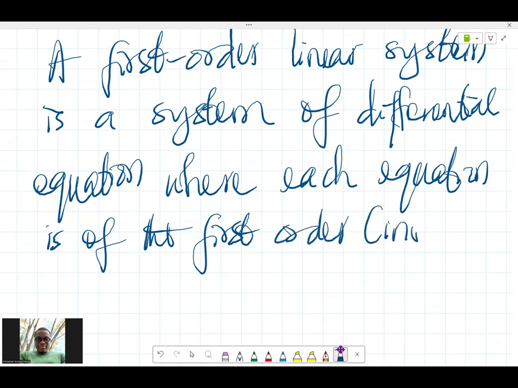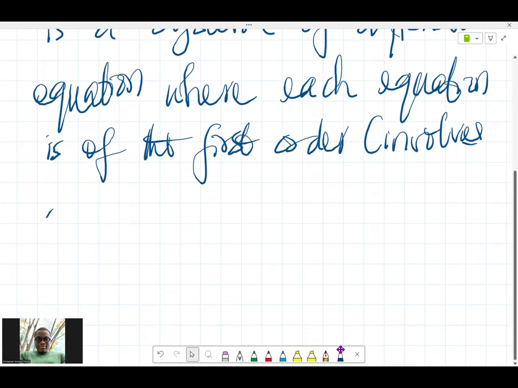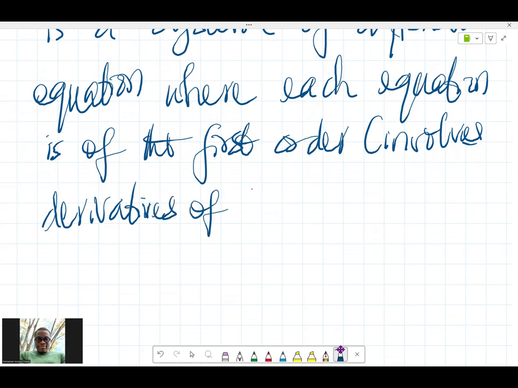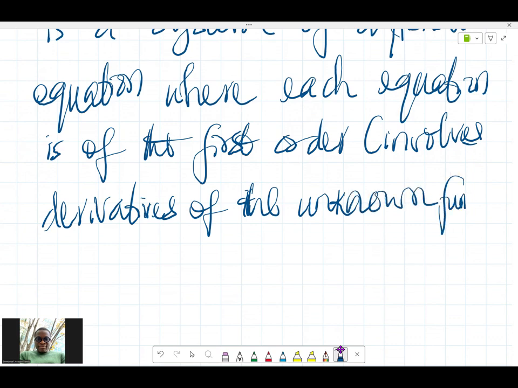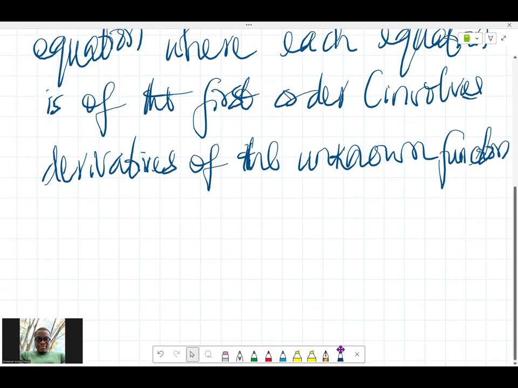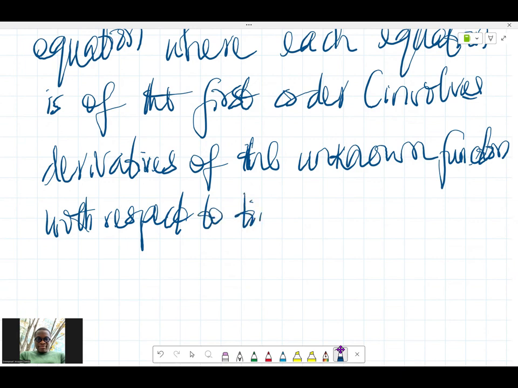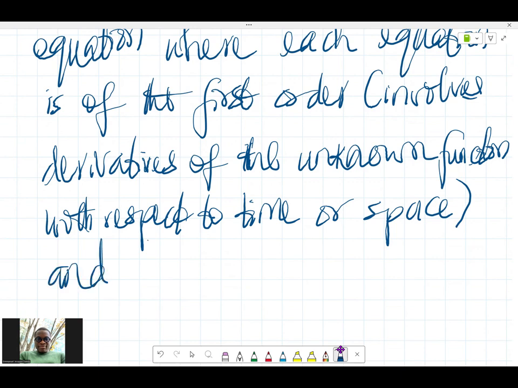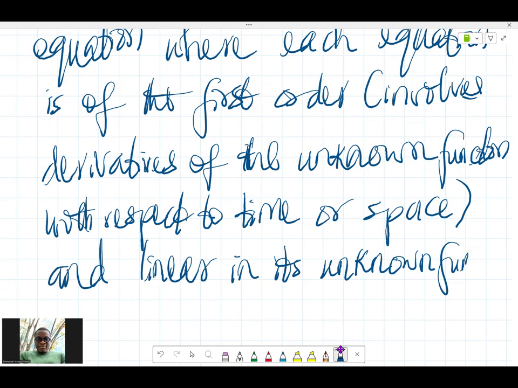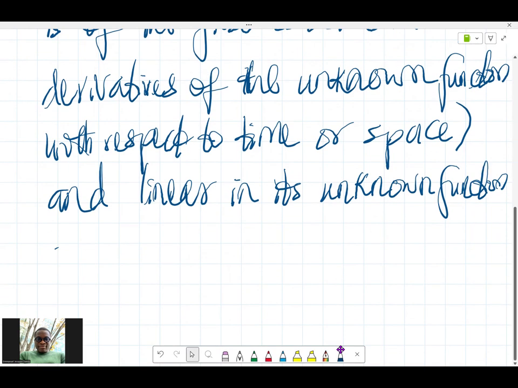And by that, we mean that it involves derivatives of the unknown function with respect to time or space, and is linear in its unknown function and its derivatives.